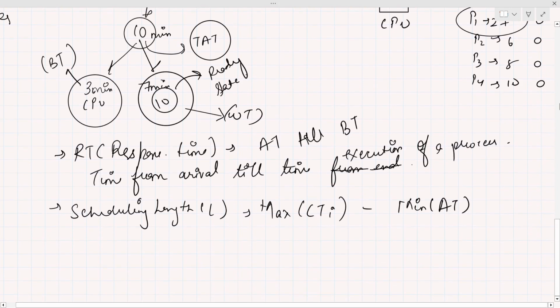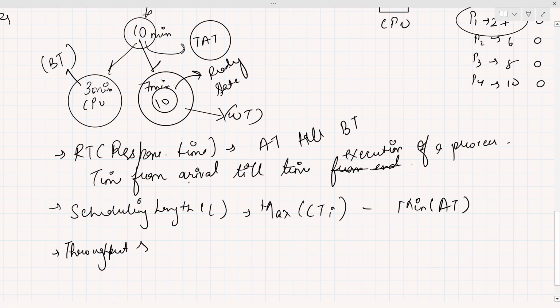And the last but not the least is throughput. Now what is throughput? Throughput is the number of processes executed per unit time.